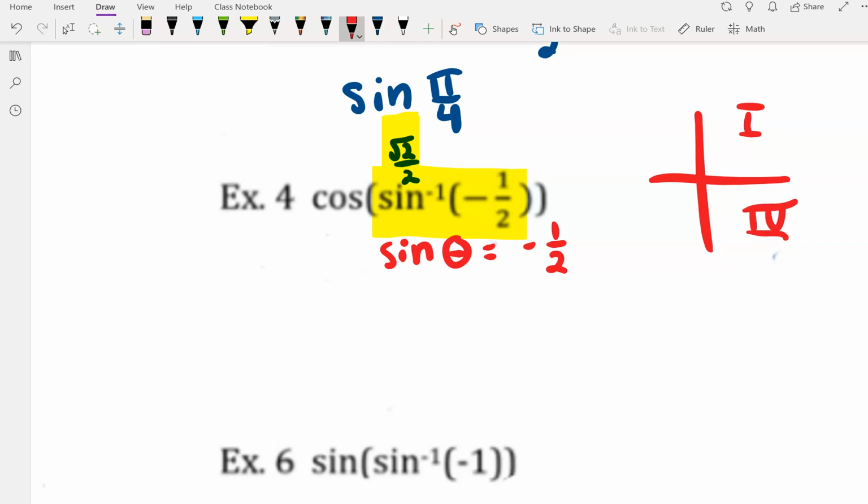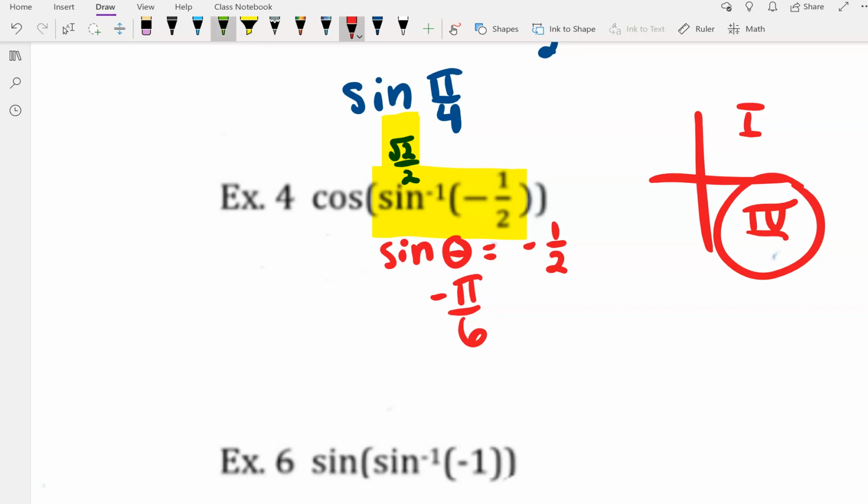All right, and I know that pi over 6 would give us positive 1/2, so negative pi over 6 will give us negative 1/2. So my answer is going to be negative pi over 6. And that is located in quadrant 4, so we're good to go. You just wouldn't want to pick something that is in quadrant 3 or quadrant 2. All right, so that's our answer for that inside, for the inverse sine of negative 1/2.